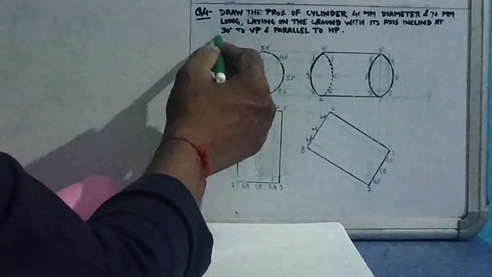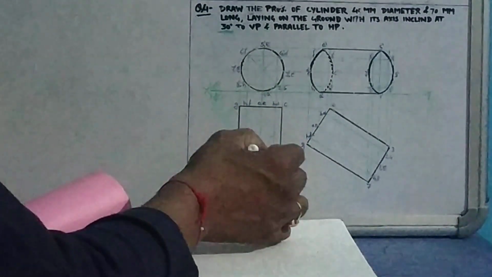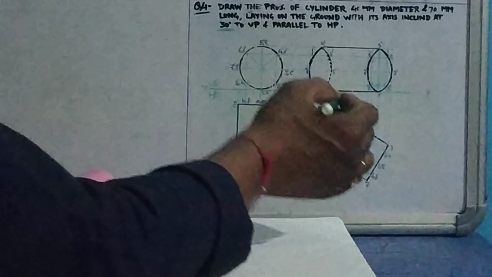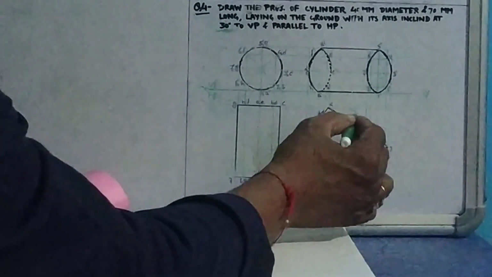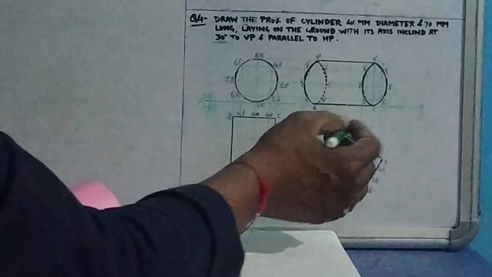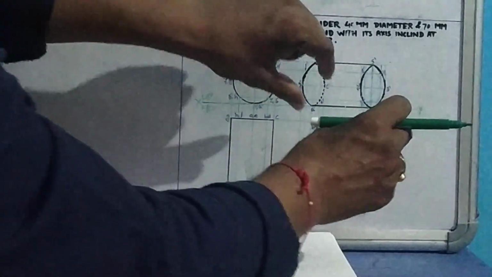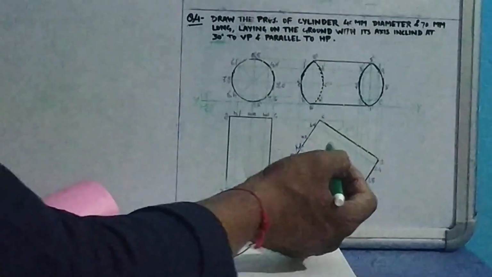Here it is given, it is inclined 30 degrees to VP. So from the XY line or this horizontal line, this will be 30 degrees, and we are going to draw this shape as it is with 30 degree inclination.